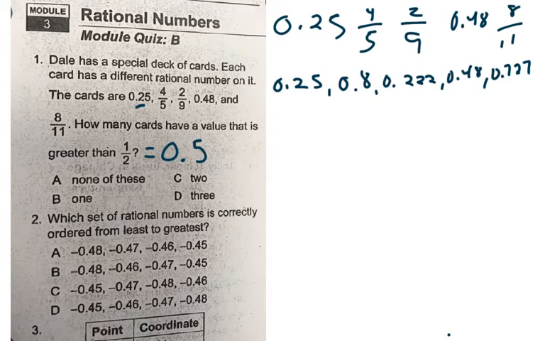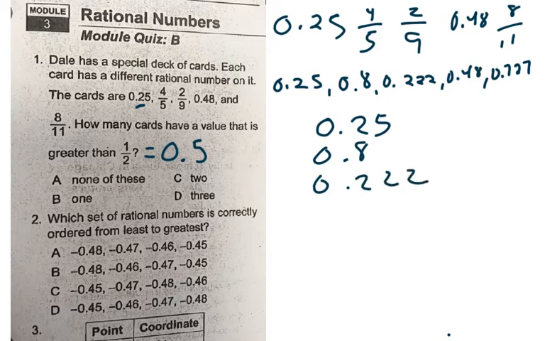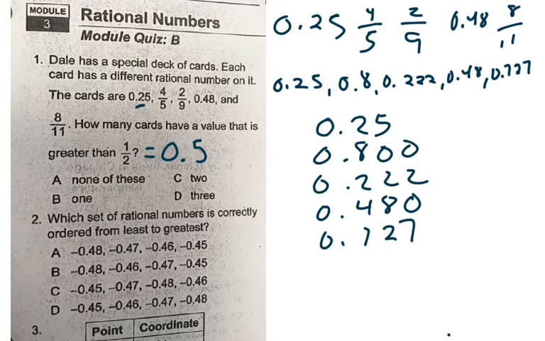So now I'm going to line these up by place value and decimal point. I'm going to fill in my zeros where I need to fill them in.